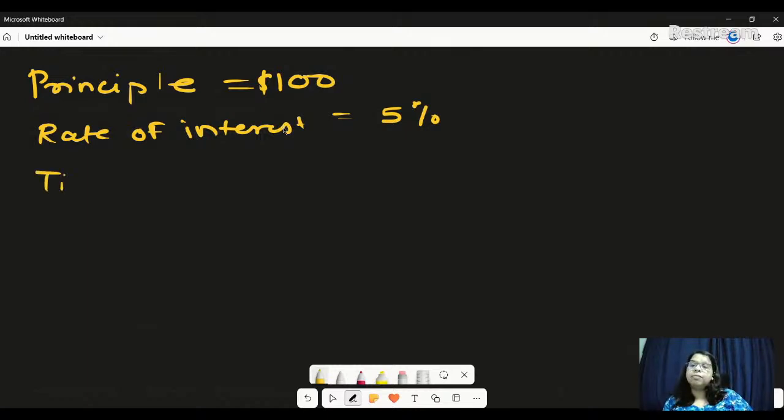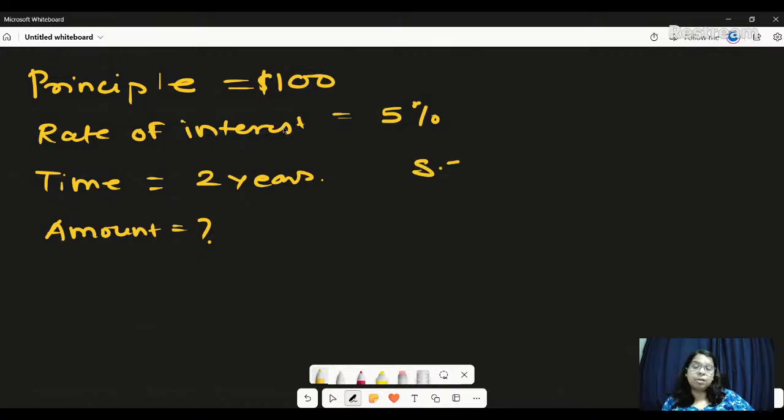And time, which is the time period for which you are going to keep that investment in the bank, let's say it is 2 years. So at the end of 2 years, when the bank gives you simple interest, how much money you will get, that is the amount. So we have to find two things here: first is simple interest and second is amount.